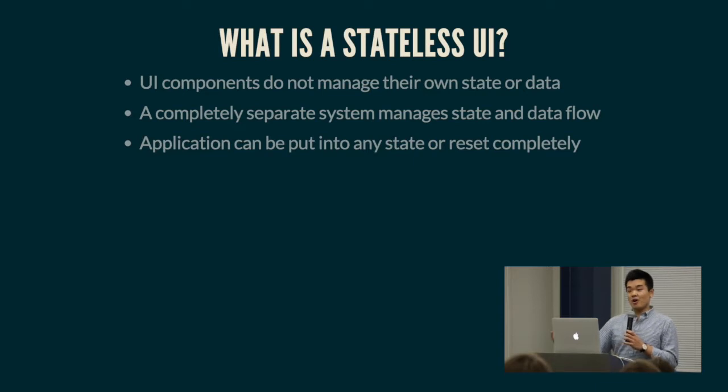So that means some other part of the system owns the data. So you have a completely separate system that manages the state and the data flow of your application, and your visual components simply mirror that state. And what I also would consider a condition for this is that the application can be put into any state or reset completely at any time.